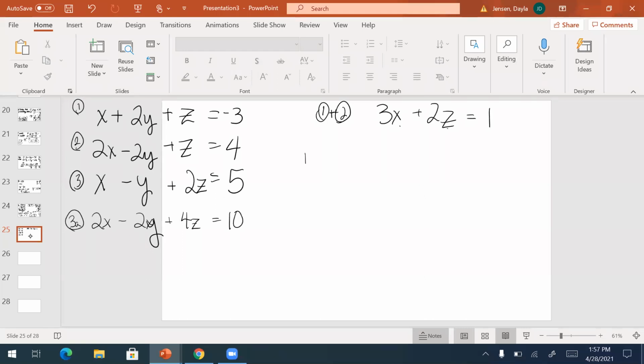If I add 1 plus 3a, again, I'm going to eliminate the y. So x plus 2x is 3x. 2y minus 2y is 0. z plus 4z is 5z. And then I've got negative 3 plus 10 equals 7.